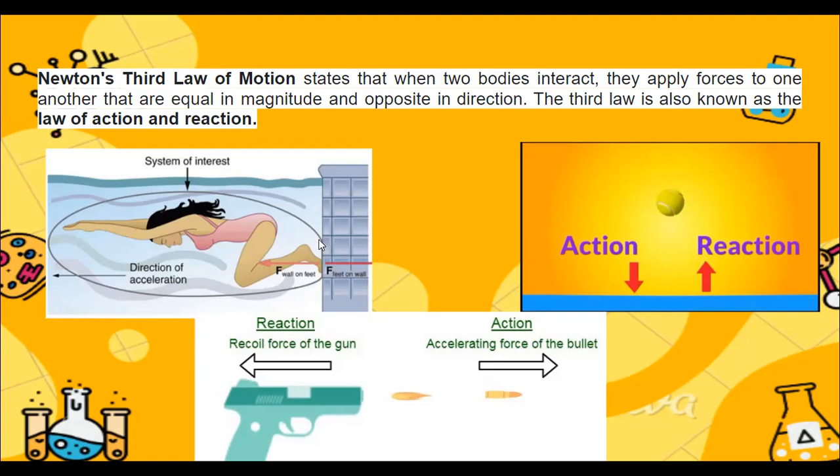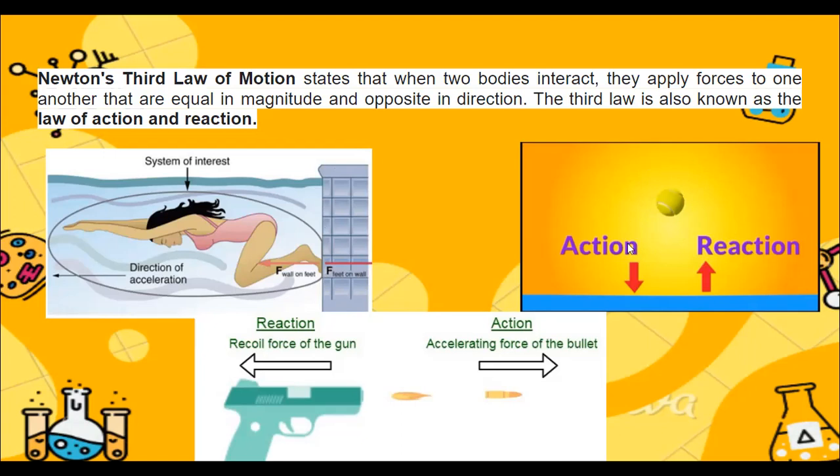Now, if the feet of the swimmer are on the wall, as you can see, the feet will put force on the wall to push the swimmer forward. And the wall of the swimming pool will also give its reaction. For the second picture, we have the ball.